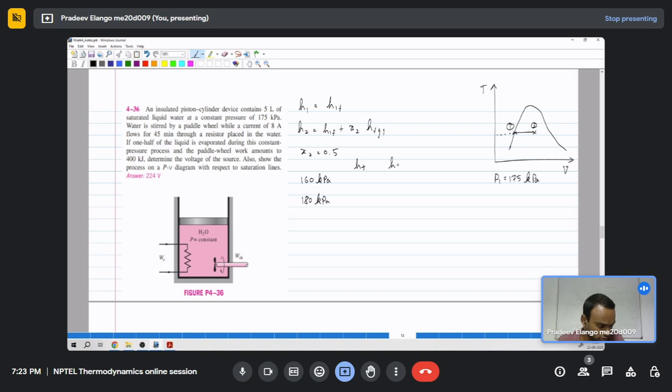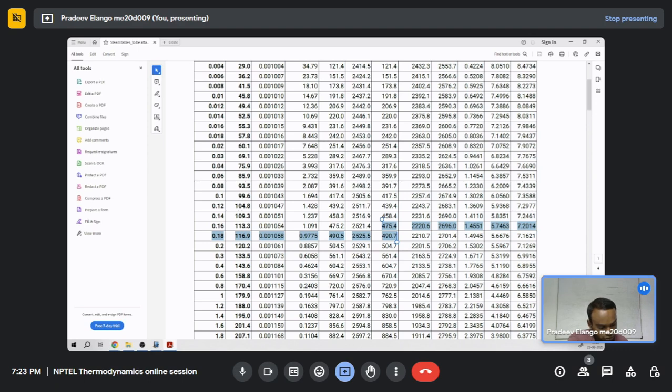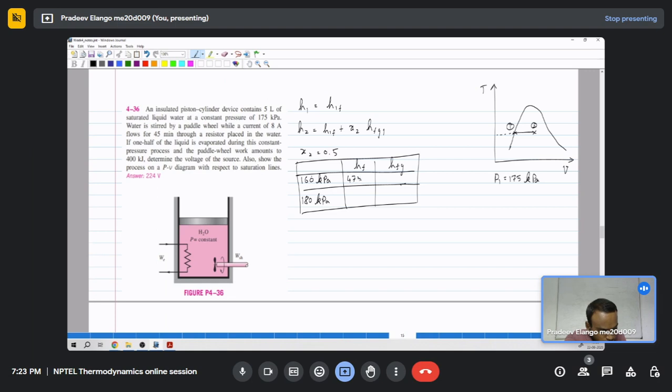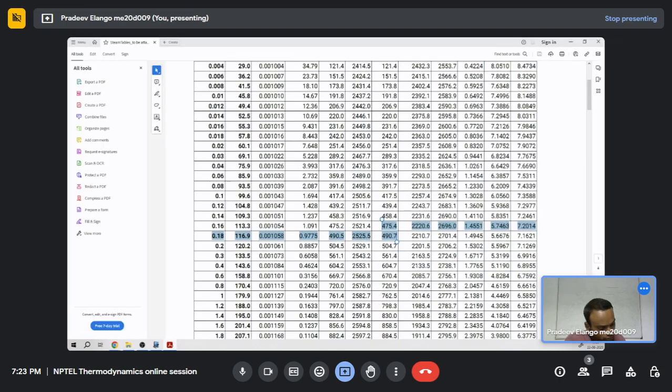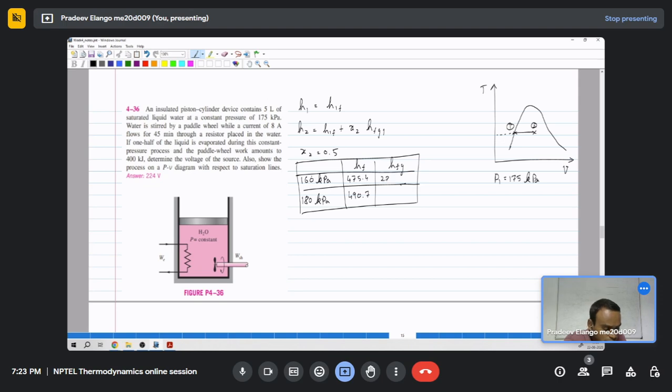HF is 475.4 and 490.7. HFG is 2220.6 and 2210.7.